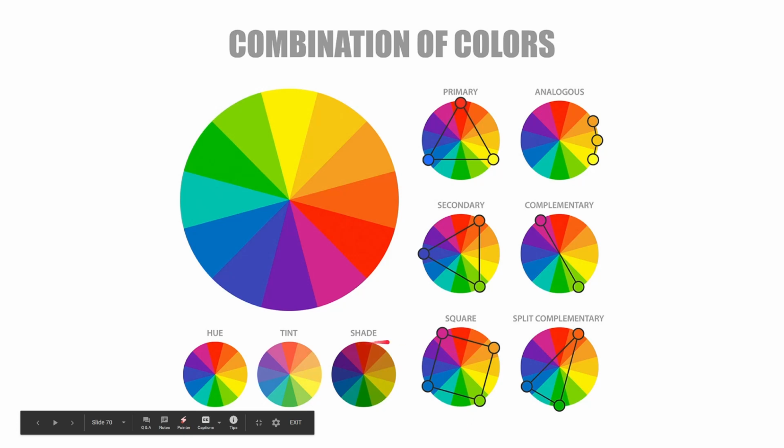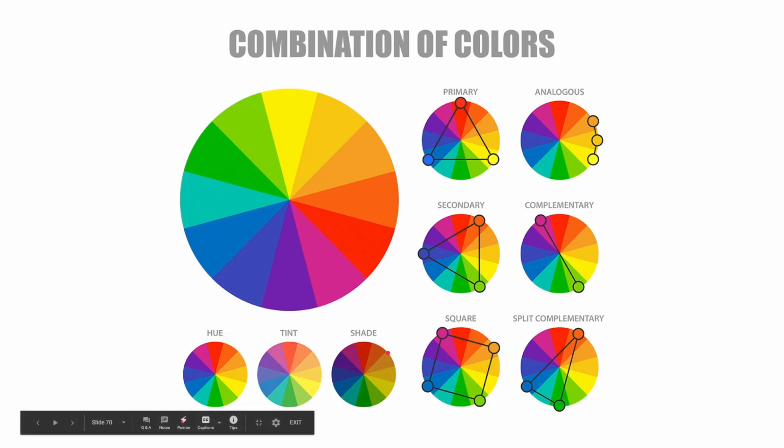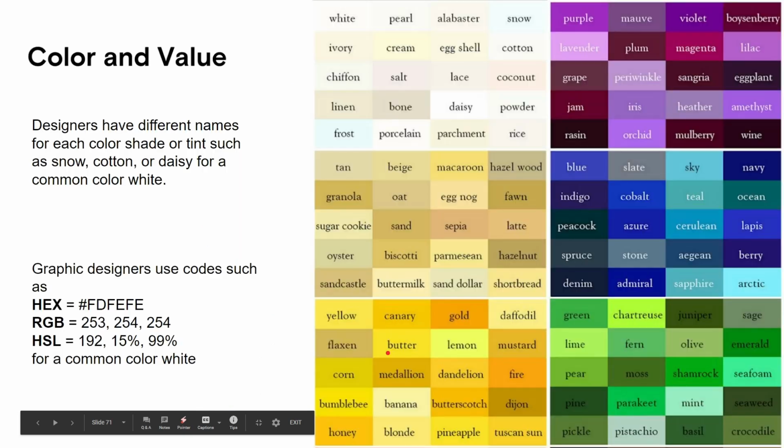And then you have varying hues: hue is the purest form, tint is the lightness, and then shade is the darkness of the hue.